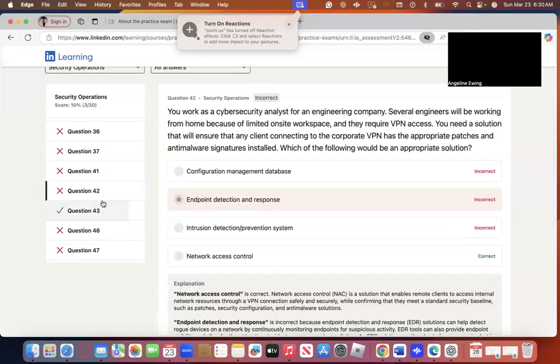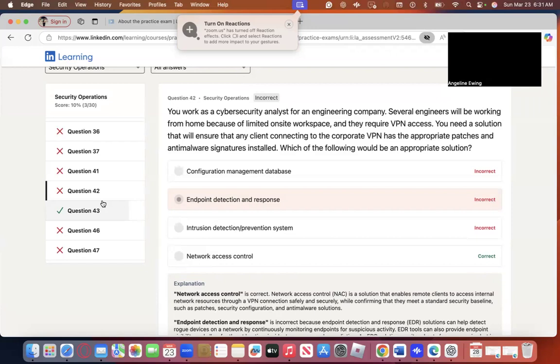You are a cybersecurity analyst for an engineering company. Several engineers will be working from home because of limited on-site space and they require VPN access. You need a solution that will ensure that any client connecting to the corporate VPN has the appropriate patch and malware signature installed. Which of the following would be an appropriate solution?